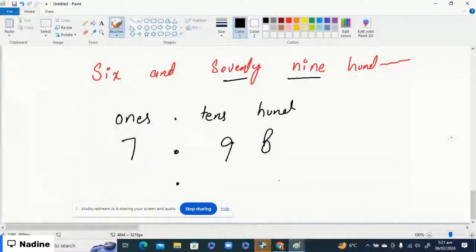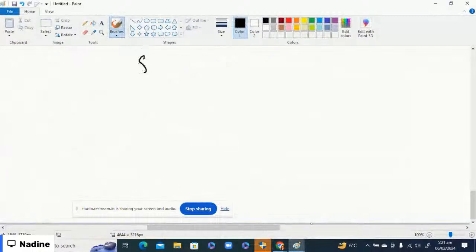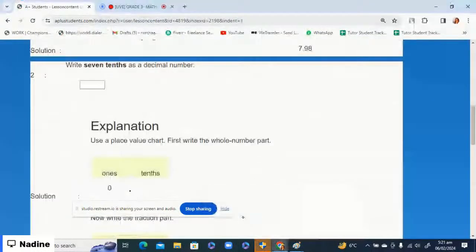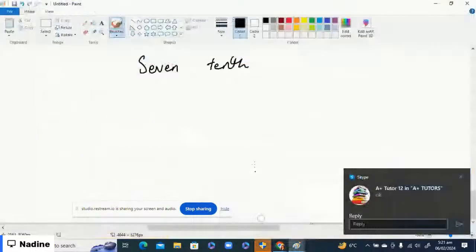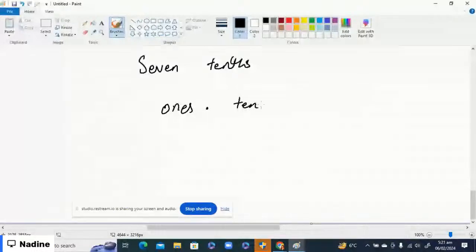If they are saying 7 tenths, we know this is the ones place, then here's the point, then the tenths place. So this is 7 tenths, so we put 7 in the tenths place, with the point as it is. After the point, this is 0.7, so we put 0.7. Good.